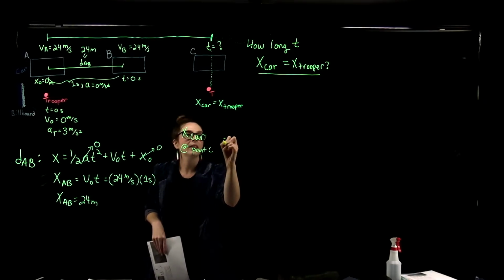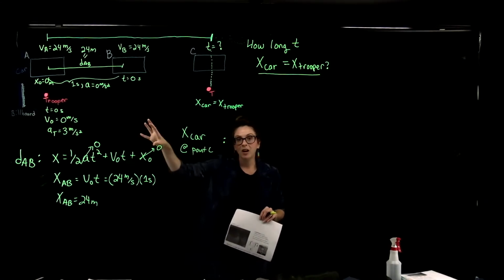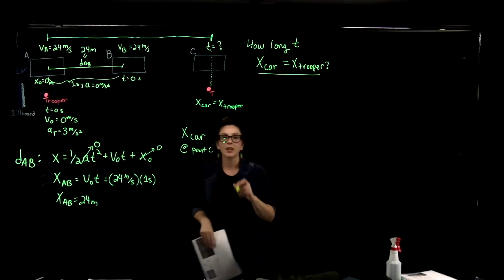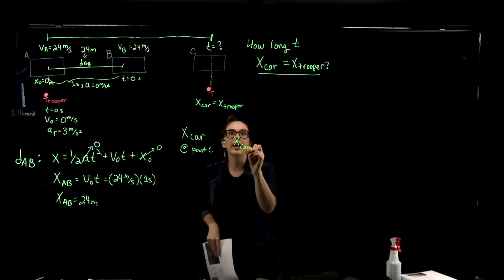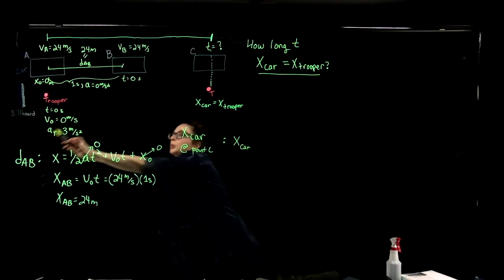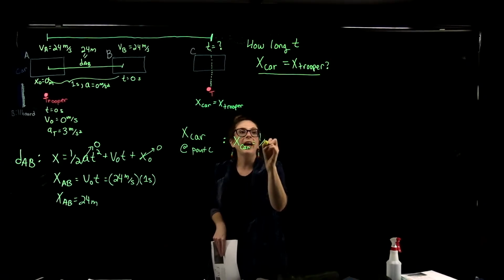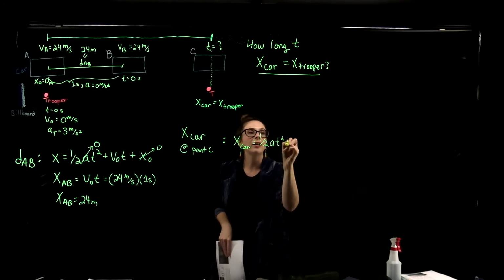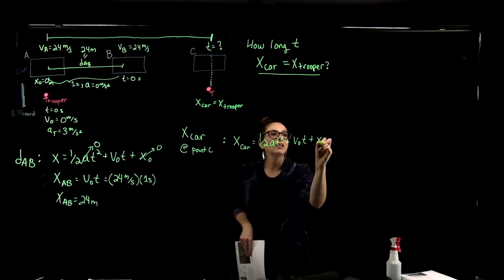Okay. So I'm going to reuse this same equation that I wrote here. I'm just going to use different quantities. So we've got our final X position, which will be what I'm calling X car. The total distance between the billboard and where that car ends at point C equals 1/2 at squared plus v naught t plus x naught.